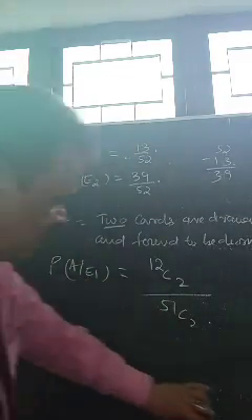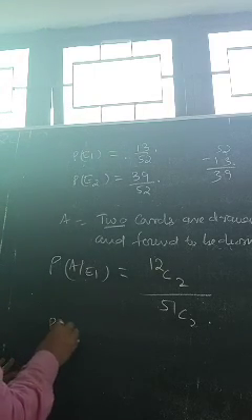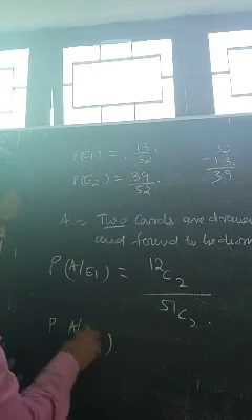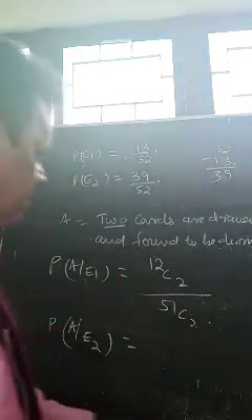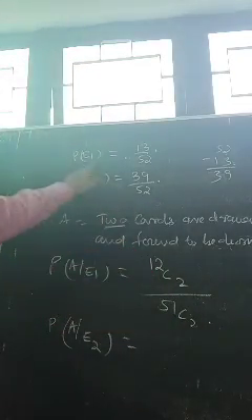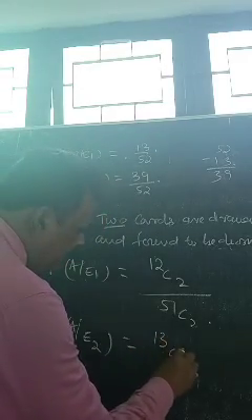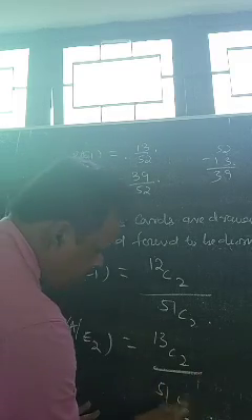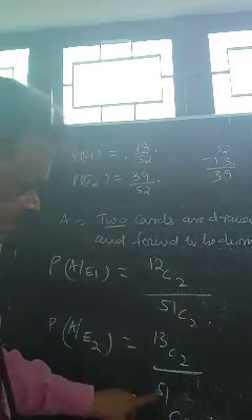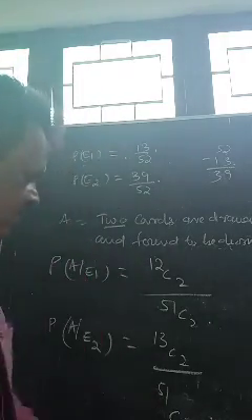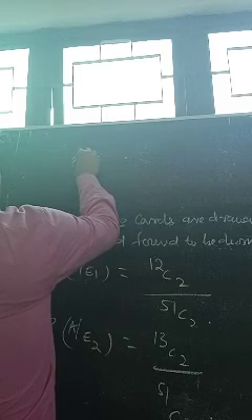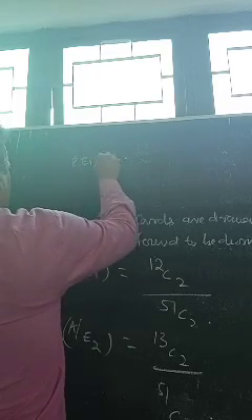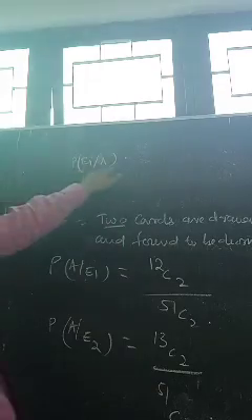Okay. Similarly, for A of E2, the card lost is not diamond, that means only one card is lost but a diamond is not lost. So that will be 13C2, but one card is lost. That is why it is 51C2. Combination formula. Okay. So the lost card is diamond, means you want to find E1 condition A. This is what you want to find out.